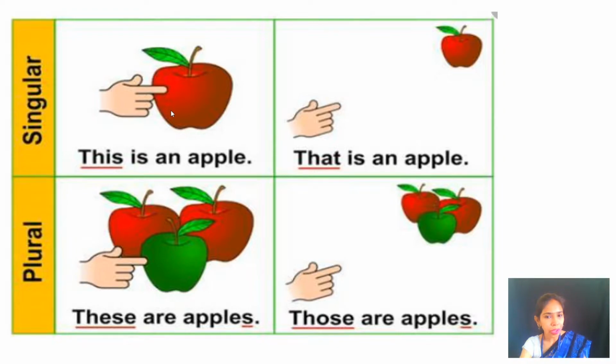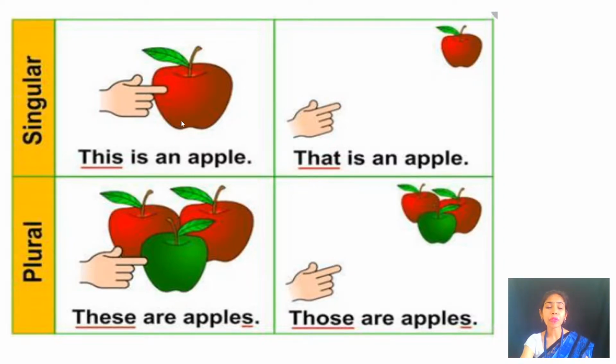There is one apple, right? And the apple is close to the hand. एप्पल आप देख रहे हैं हैंड के पास है, it means it's close, it's near to the person. So that's why the person is saying this is an apple. ये एक एप्पल है. This is an apple.